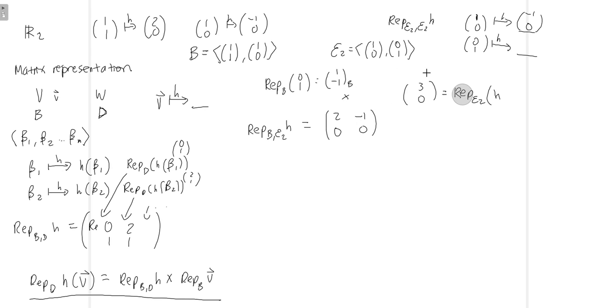All these should have B's in front of them. There should be B, epsilon 2. All these should have that to denote that this is a representation. So we know that our representation of (0, 1) is equal to (3, 0).